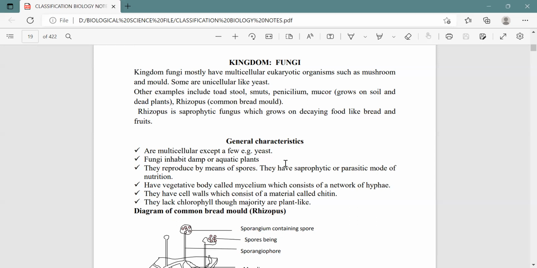Remember, the fungi reproduce by means of spores. They reproduce by means of spores, which we call spore formation or sporulation.